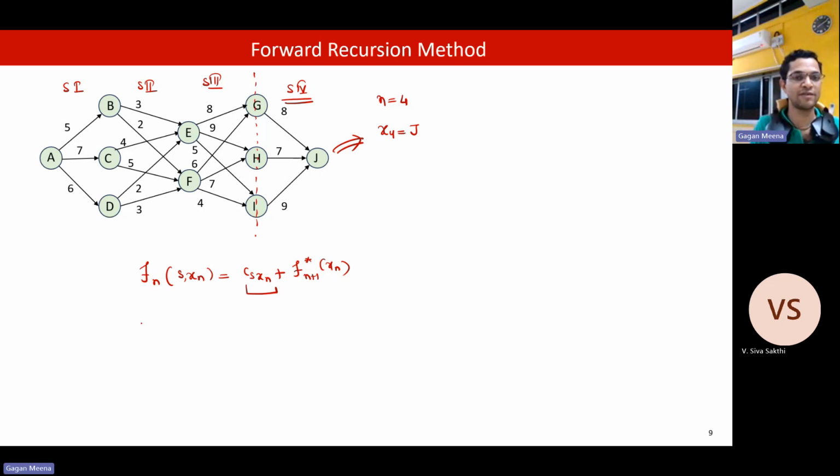We write it for 3 and it is F3(S). S for the first stage 3 is this set G, H, and I. We have 3 nodes. And Xn is X4.